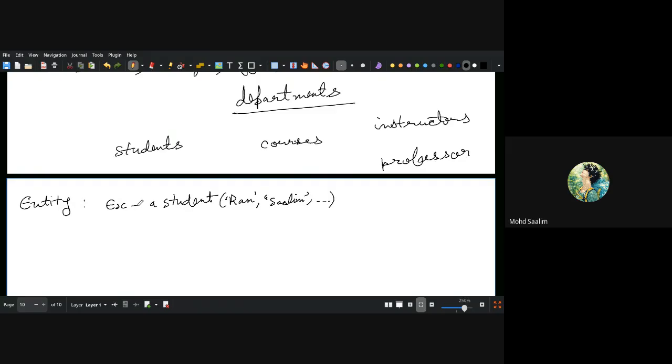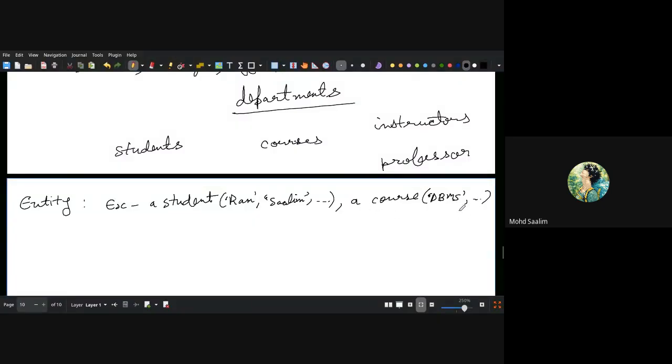So for example, if I have 15 students in my college, all 15 students are 15 different entities. In the same way, it can be a course, it can be DBMS, can be PDSA, can be a physics course, doesn't matter.